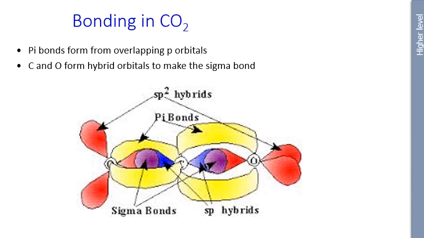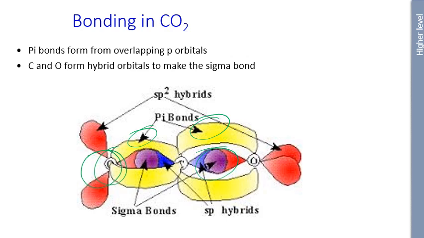So then let's look at the bonding in carbon dioxide. So you have pi bonds from the overlapping p orbitals, which are not hybridized, okay, they're seen there. And you also have carbon and oxygen, which are differently hybridized. So you've got the sp hybridization of this carbon here and oxygen here, and the sp2 hybridization of this oxygen here.